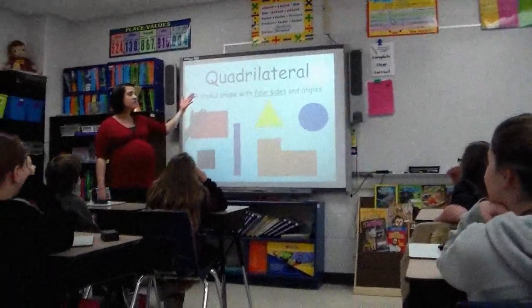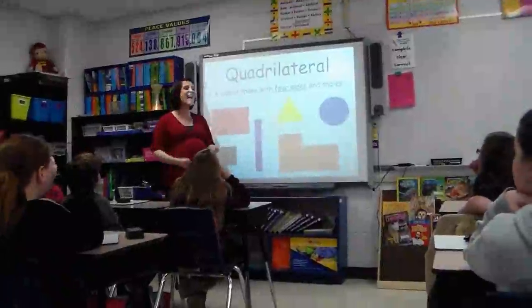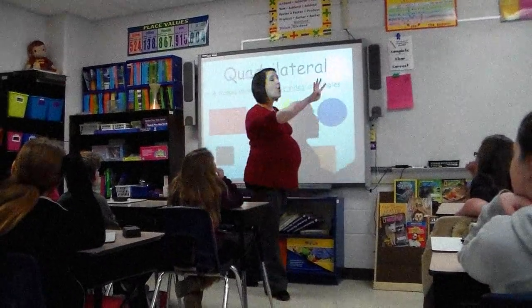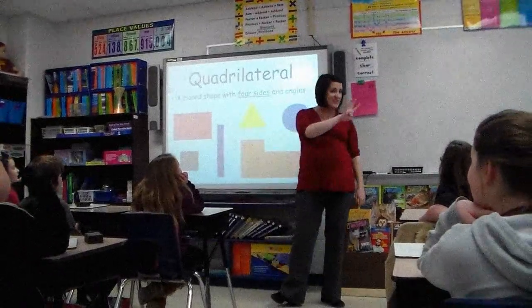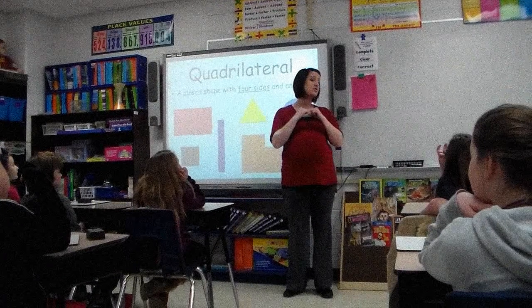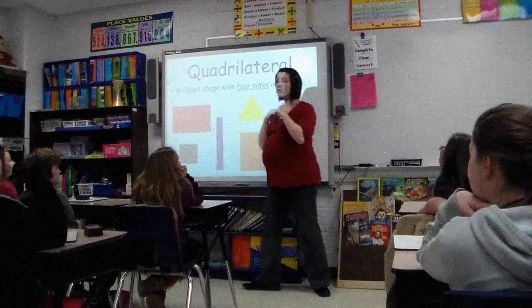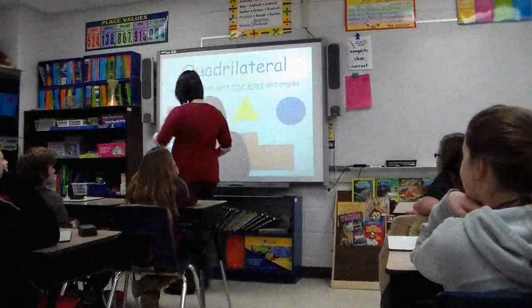A quadrilateral is a type of polygon. It's a closed shape and it has sides, but it has exactly 4 sides. Not more than 4, not less than 4. It has exactly 4. So when I say quadrilateral, you say 4. Quadrilateral. 4. Quadrilateral. 4. Good job.